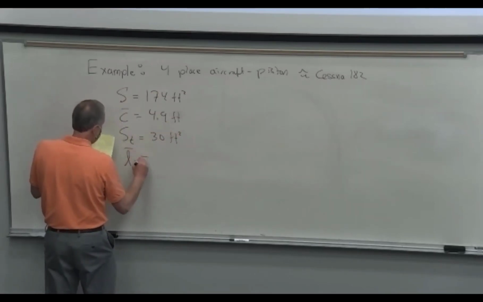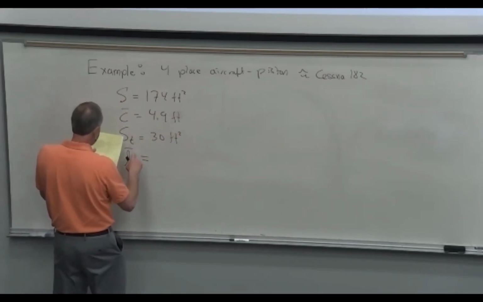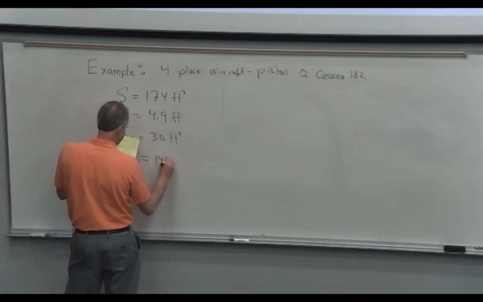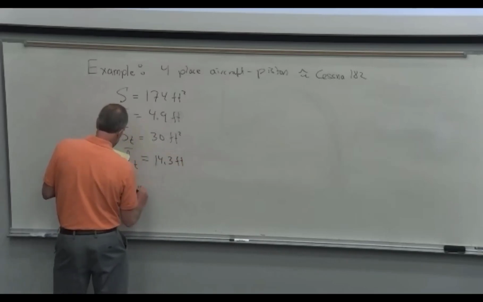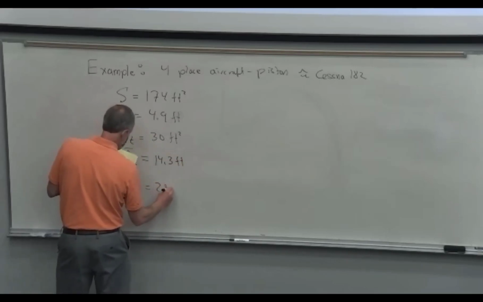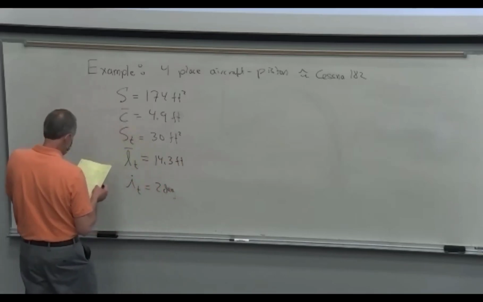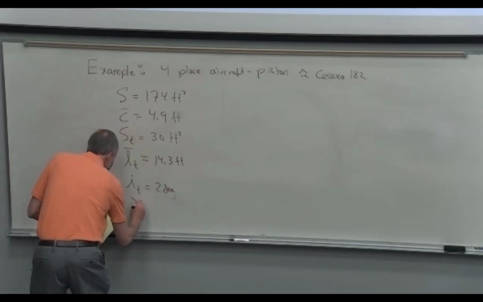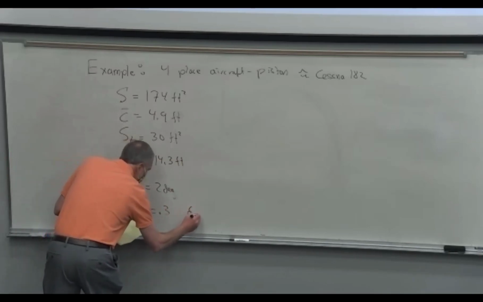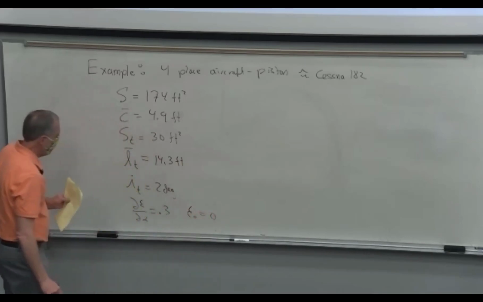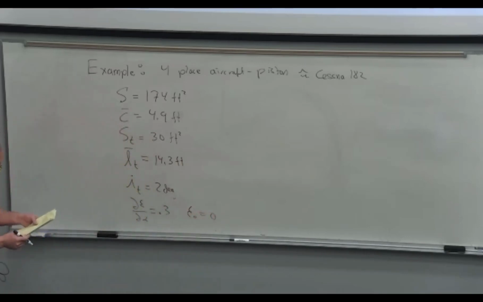The distance from the aerodynamic center of the wing to the tail, that's LT bar, 14.3 feet. And the tail setting angle is 2 degrees. And the downwash model has epsilon 0 equal to 0 and d epsilon d alpha of 0.3.